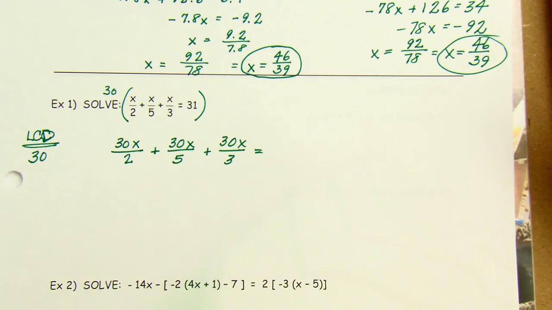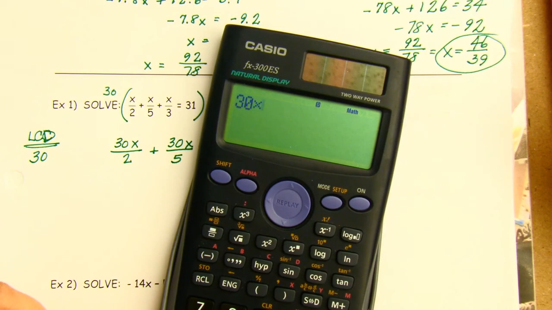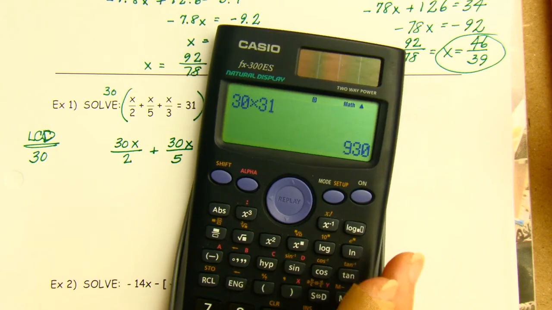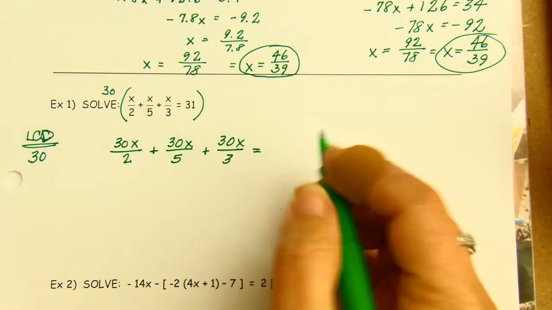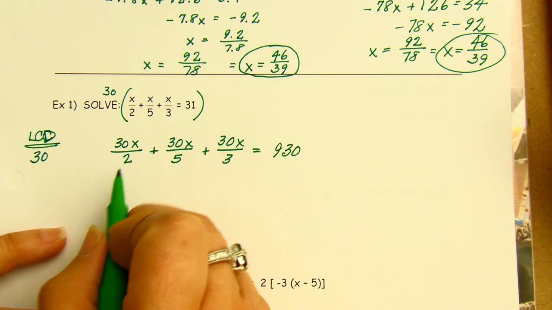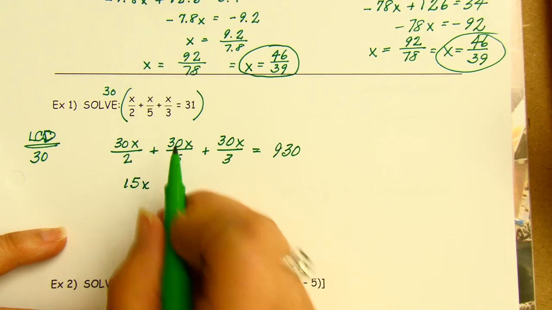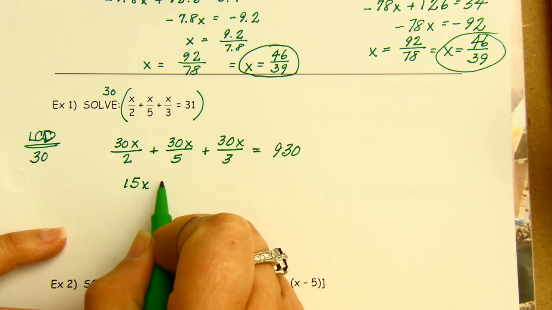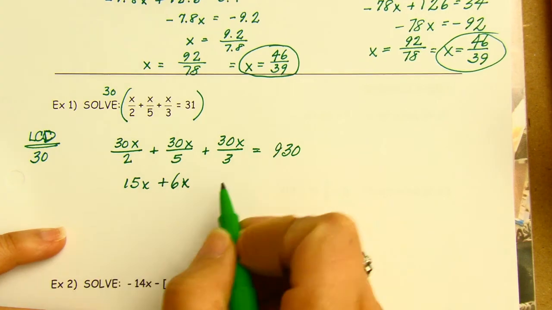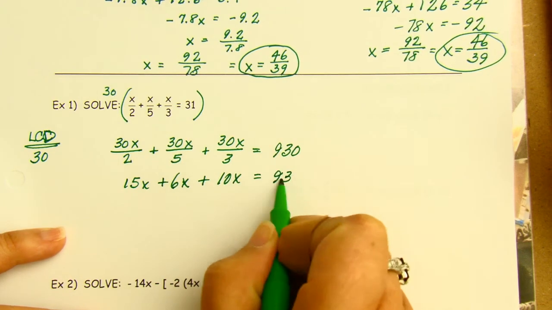Let me get a calculator to double check. So turn your calculator on if you're not sure. 30 multiplied by 31 is 930. Okay, now we're going to divide. 30 over 2 is 15, so this is 15x. 5 goes into 30 6 times, so this is plus 6x. 3 goes into 30 10 times, so this is 10x equals 930.